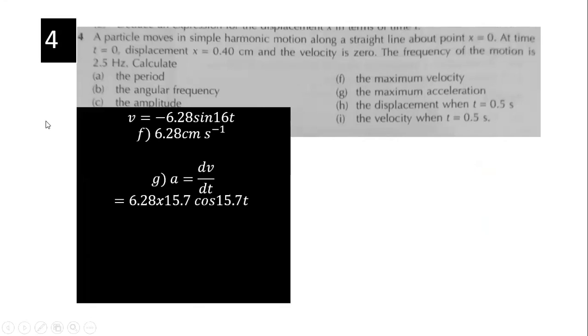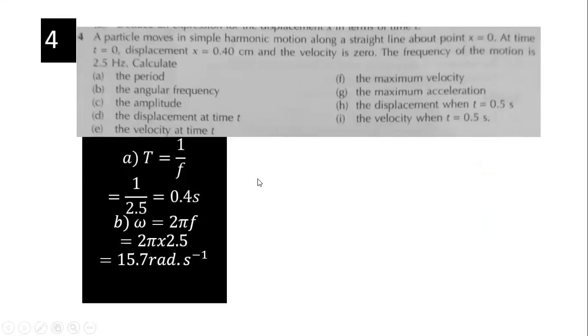Okay? Okay. So the amplitude is 0.4. Must understand that. Zero velocity means that is the amplitude. Displacement at time t.